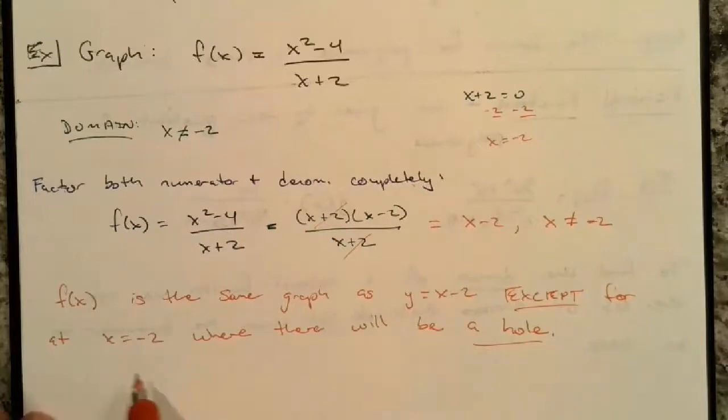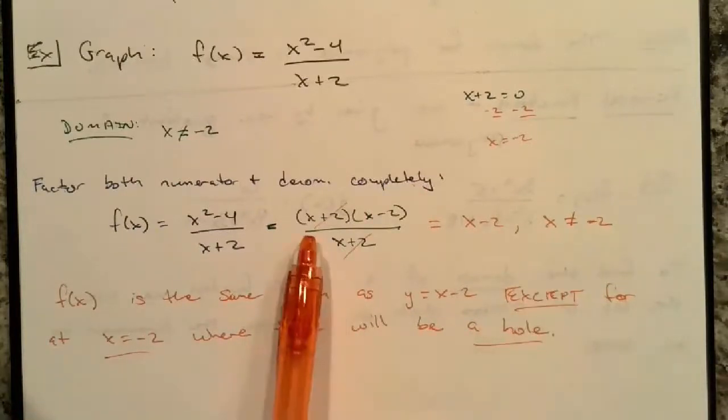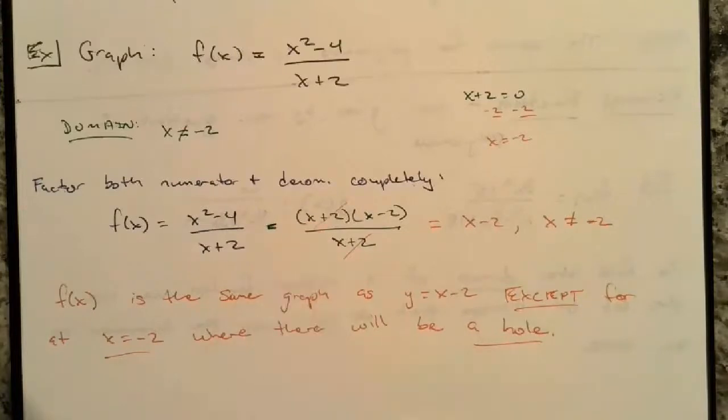So at that point that we excluded, if you cancel out the same factor from both the numerator and denominator, that tells you there's going to be a hole there.